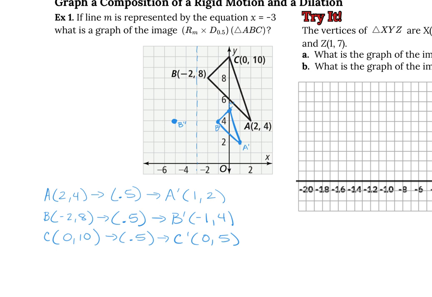A prime is 4 away, so it will still be 4 away. And C prime prime is 3 away. All right, so there is my final image of this transformation.